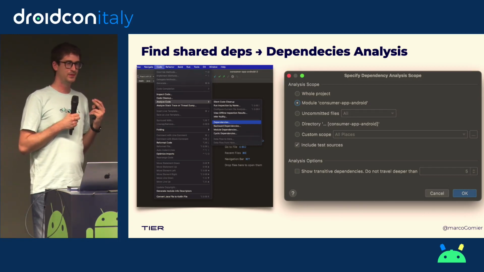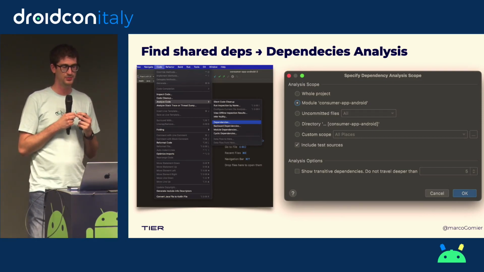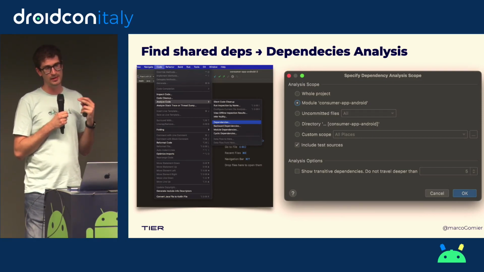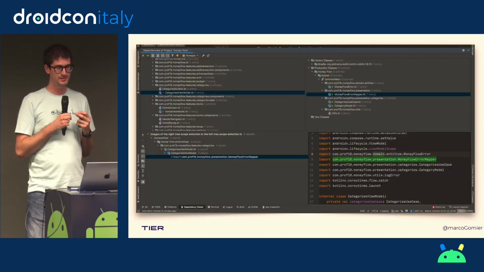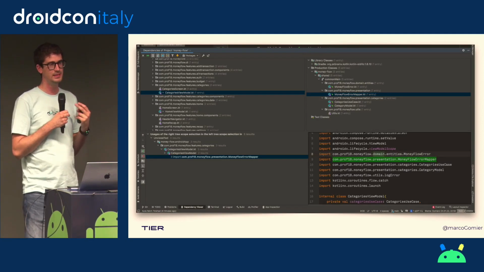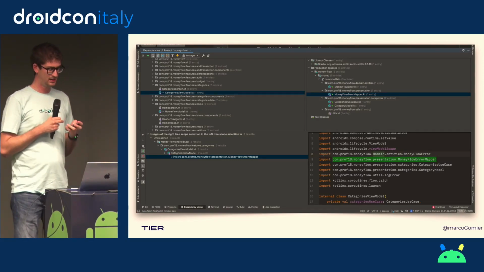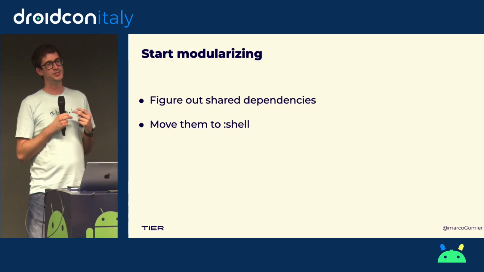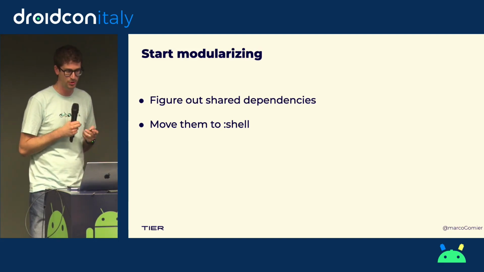But you can also use a handy feature of Android Studio, which lets you select a folder, a module, or even the entire project, and it basically prints out all the dependencies that your specific files are using. So you can check that and decide which of those shared dependencies you need to move to the shell in order to make everything work.